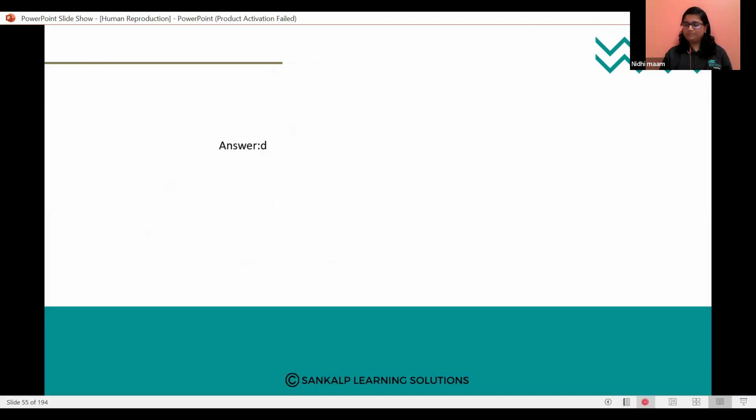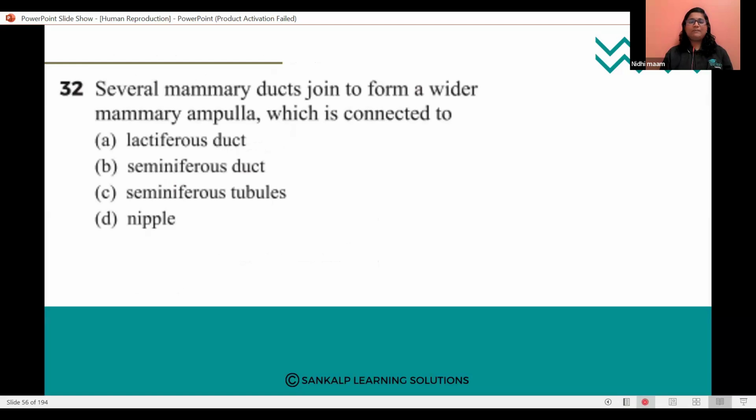Next question. Several mammary ducts join to form a wider mammary ampulla, which is connected to: lactiferous duct, seminiferous duct, seminiferous tubules, or nipple. Very easy question. If you understood that diagram, you can answer it.